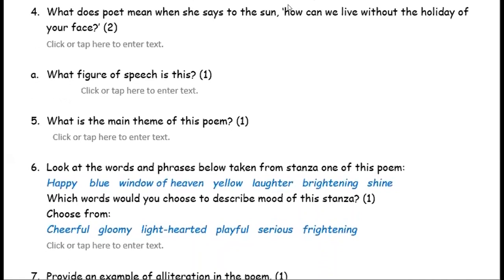Number 4, what does the poet mean when she says to the sun, how can we live without the holiday of your face? This one I had explained a little while earlier. Tell me about what the poet thinks holiday means to her, all right? And how is that relating to how she views the sun? The next question is, what figure of speech is this?